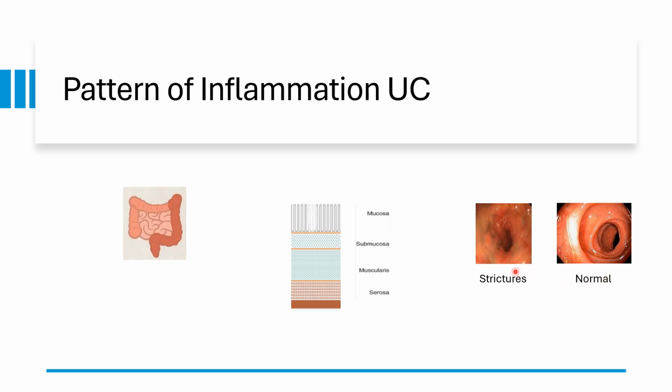These two images compare the normal colon and strictures, the part that has too much inflammation and is obstructing the way, causing problems for the patient.